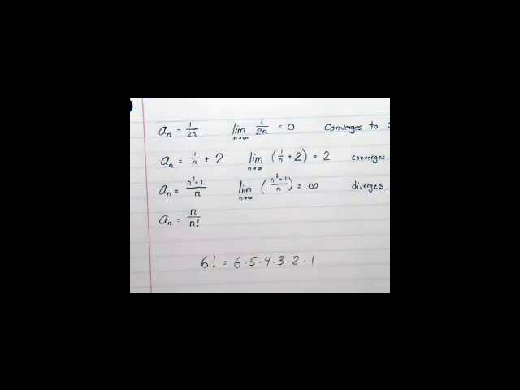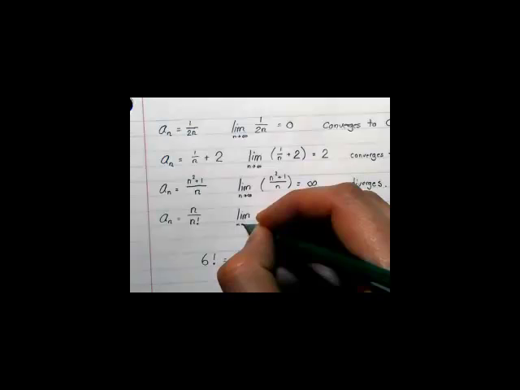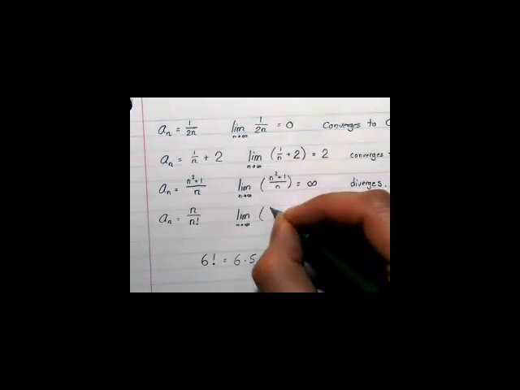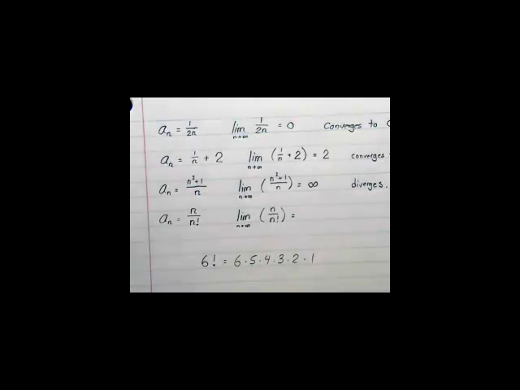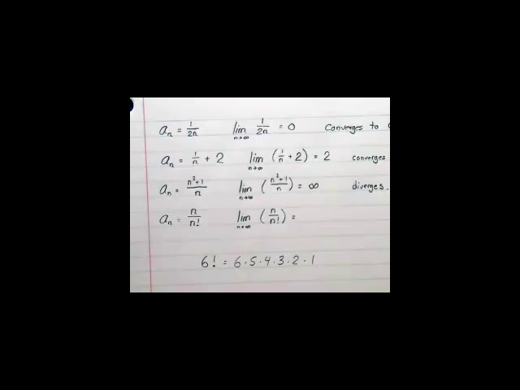So if I have n over n factorial, what's going to be larger, the numerator or the denominator? The denominator. So what is going to happen if I try to calculate the limit as n goes to infinity of n over n factorial? If the denominator is larger than the numerator.